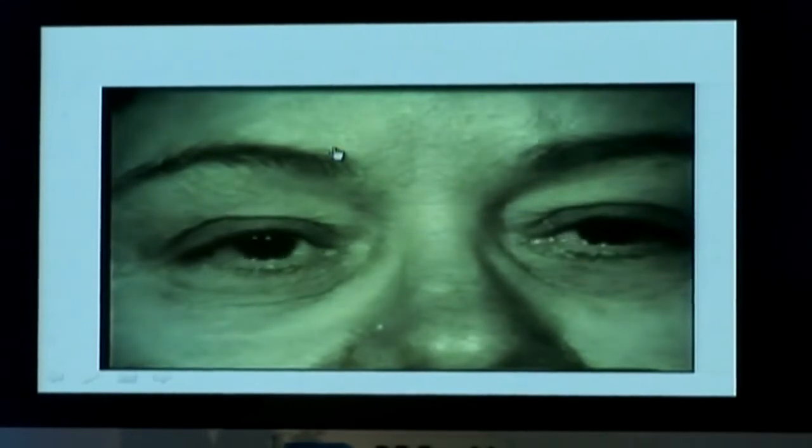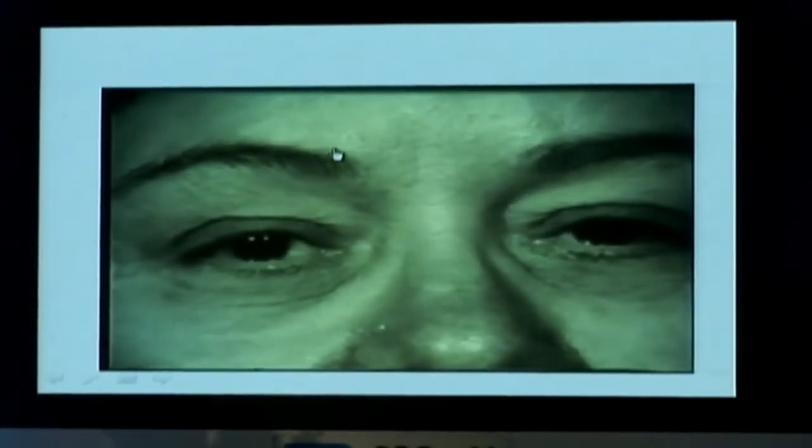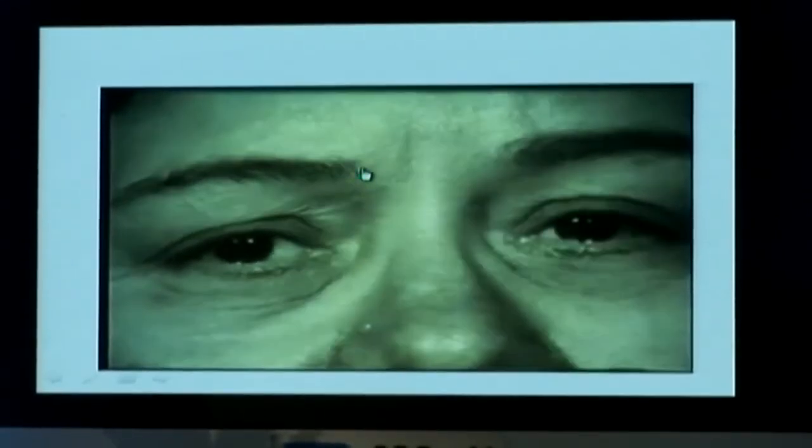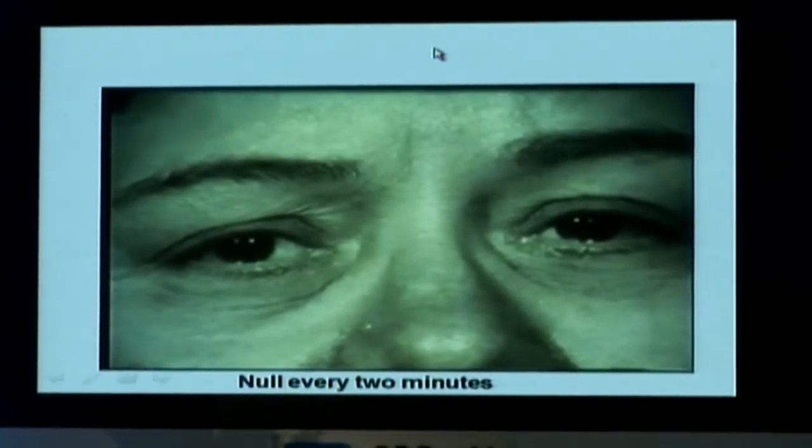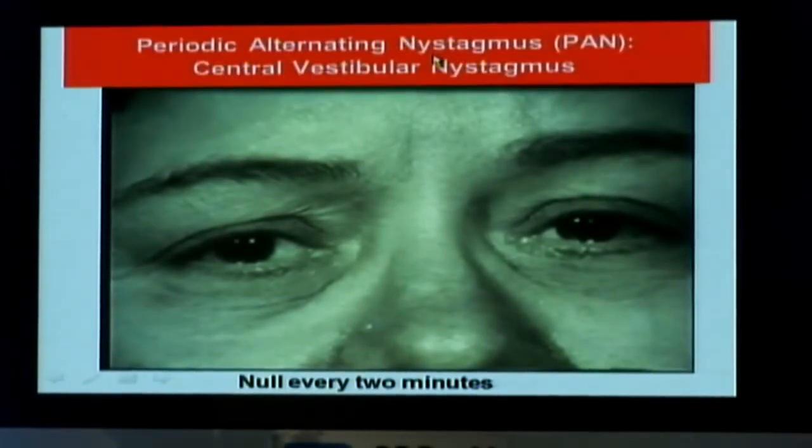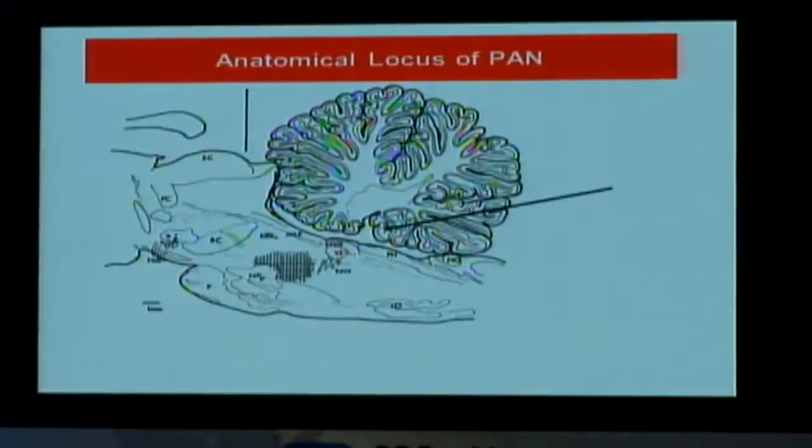So who knows what this is called? Exactly. It's called periodic alternating nystagmus. It is the archetypical, classic central vestibular nystagmus. Who knows where the lesion is? Yeah, right in the nodulus.